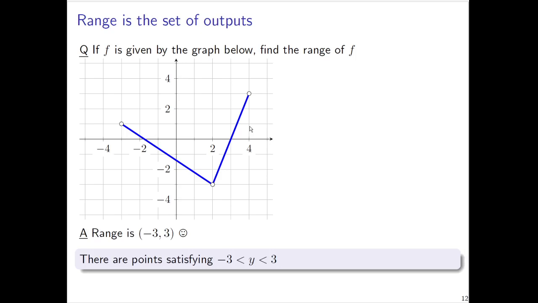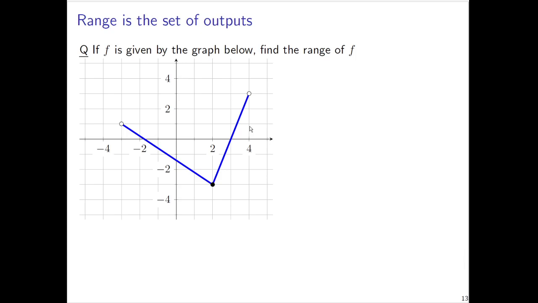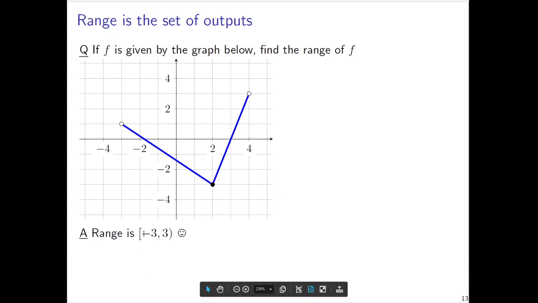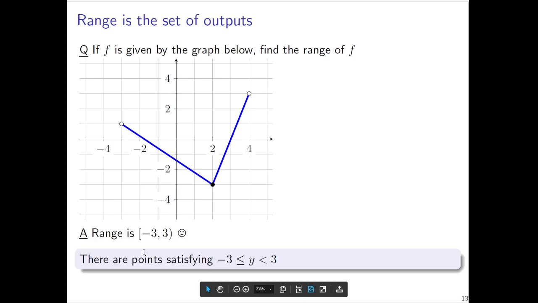Now, if we change the picture a little bit and have a slightly different question, we fill in this dot right here. Now, what's the range? Okay, the range, now we should include the y value -3, so there's a square bracket here. Yes, there are points in the graph satisfying this. So you can find a point on the graph where the y value is 2.